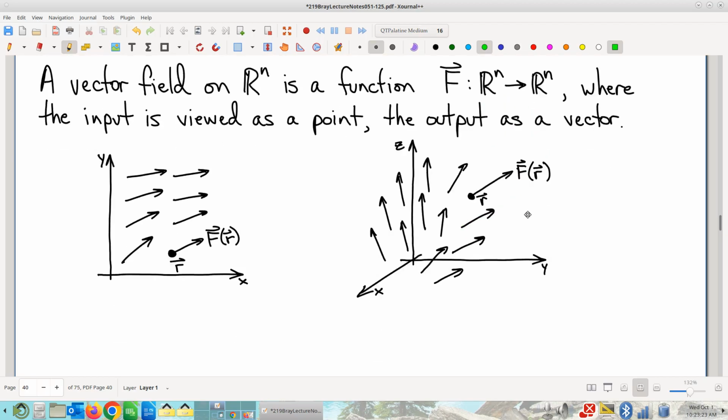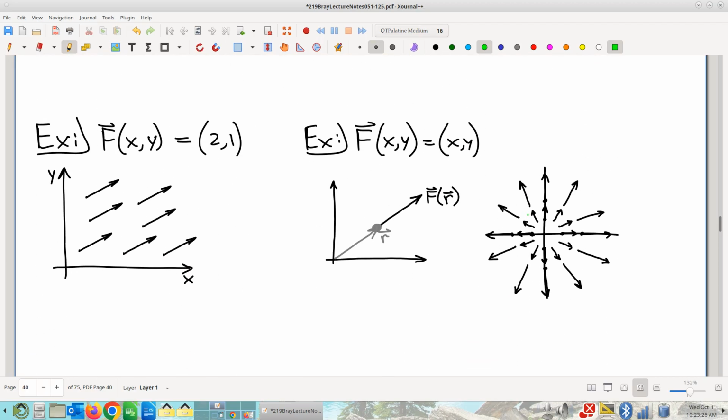Okay, let's see a couple of examples. This first example I think is pretty easy. Notice that for any point x comma y, wherever you might happen to be, the field vector, notice the formula for the field vector, very convenient formula, it's constant. It's always the same. It's always 2 comma 1.